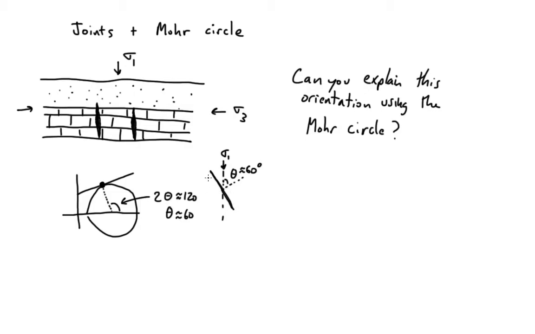So pause the video again and see, if you were to draw another Mohr circle, where on the Mohr circle would this orientation be, where sigma 1 is parallel to the long direction of those planes?